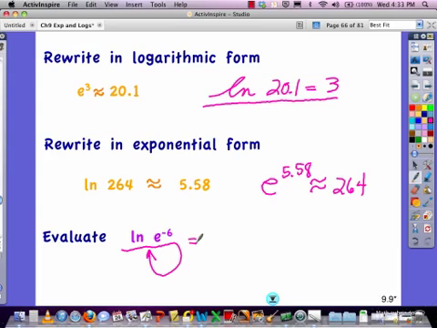So if that helps you, then you need to say e to the what power equals e to the negative 6. And now you're looking at the answer had better be negative 6. That's one of those, duh, it's right there. What's the exponent on this number when it's written in exponent form? Well, it better be the exponent that you can see.